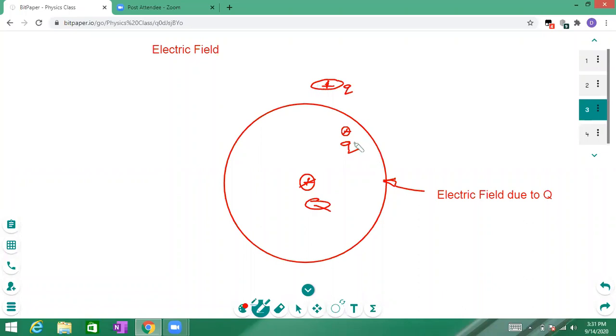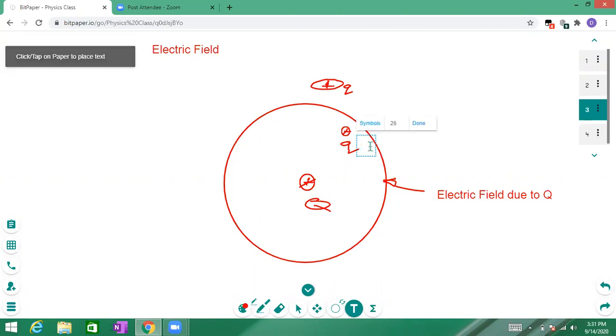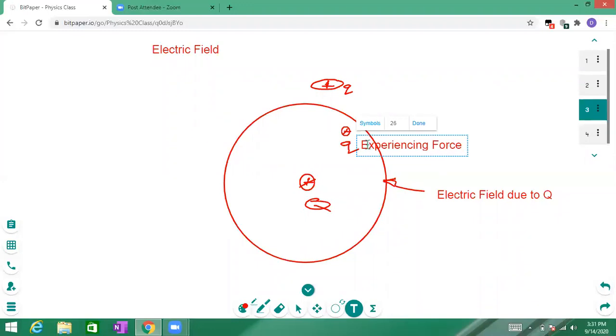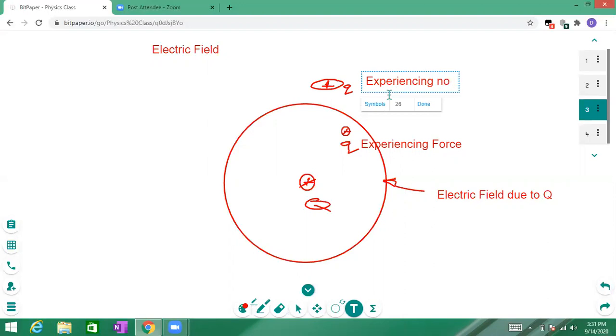Now here it is experiencing force, but here it is experiencing no force due to capital Q. So the electric field determines the region of influence of a charge.